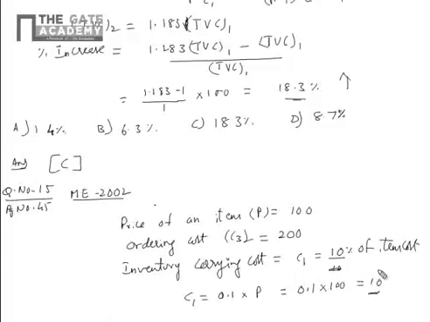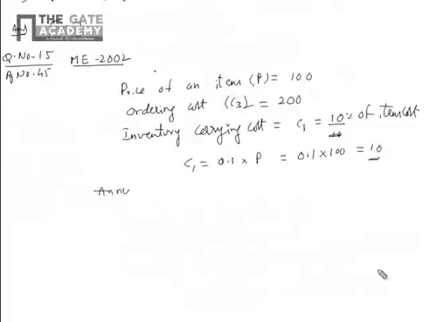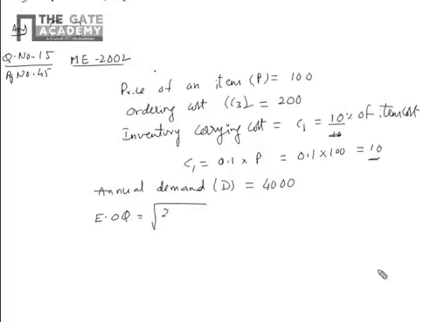If the annual demand D is equal to 4000 units, what is the economic order quantity? It is square root of 2D C3 by C1. 2D is 4000, C3 is 200, divided by C1 which is 10.